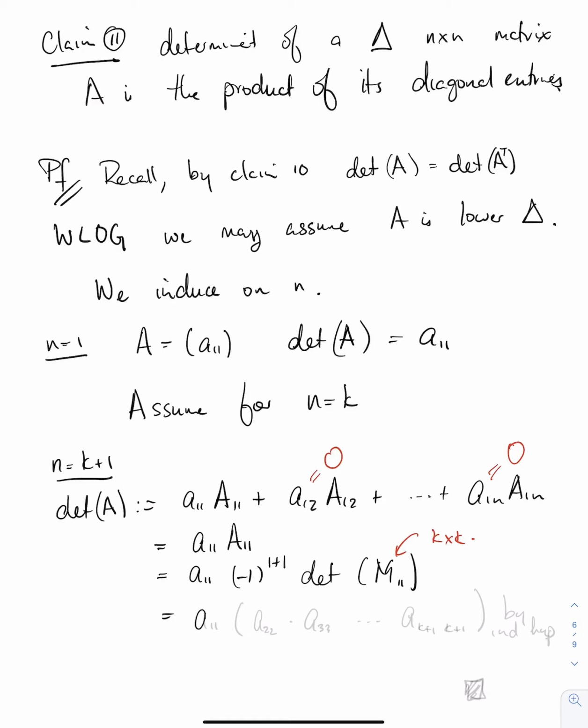So out here we get A11, negative 1 to the 2 is just 1, and the determinant of M11 is going to be A22 times A33, etc., all the way to A k plus 1, k plus 1, by the inductive hypothesis. End of proof. QED.